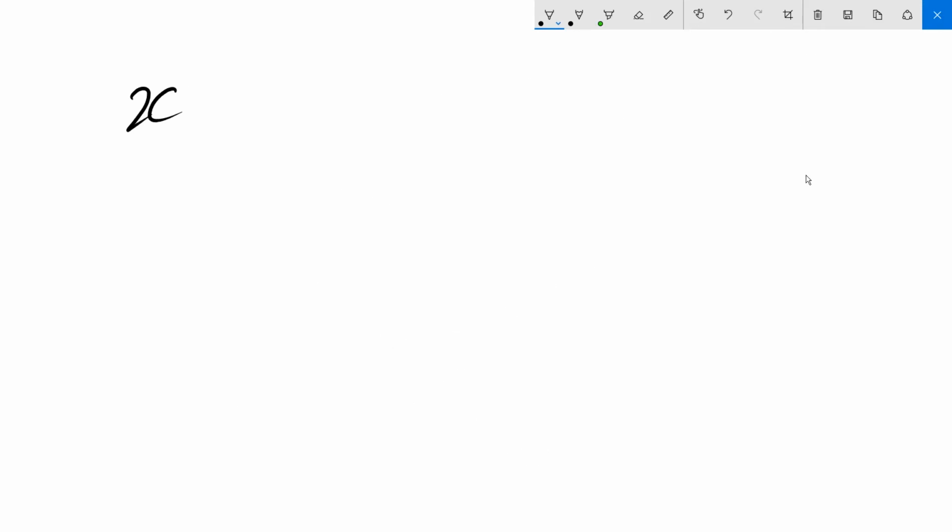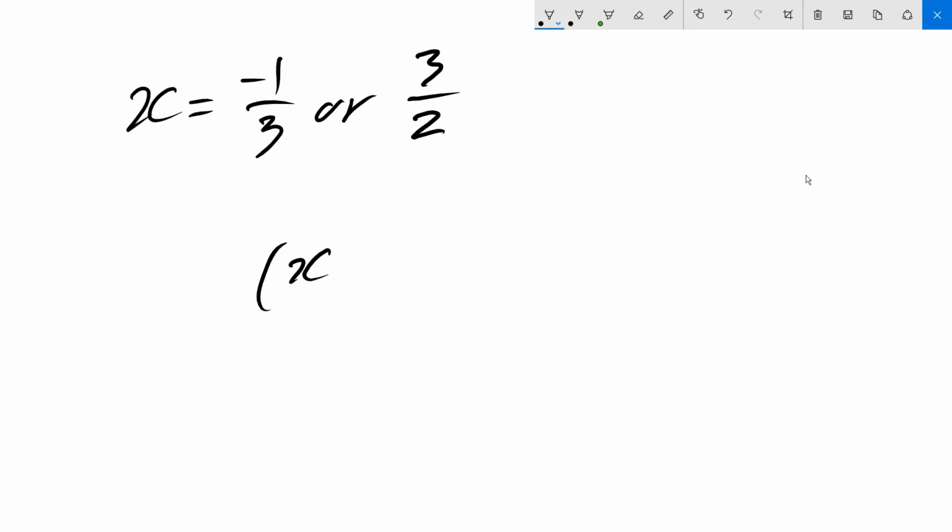So we know that if x is equal to negative a third or 3 over 2, we can use the null factor law to factorize it. We know that the inverse of what it can be is inside the brackets.